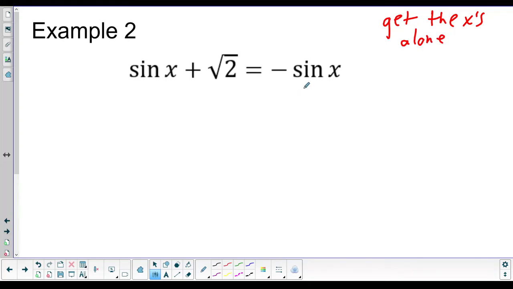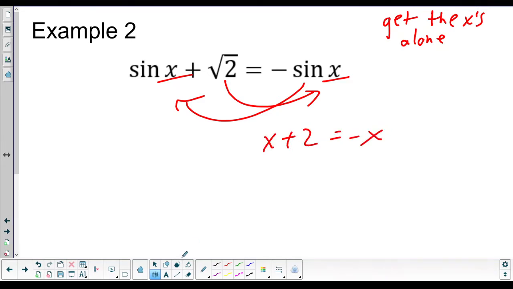So what we're going to do is we're going to move this over there so that our x's are on the same side. And then we'll move this radical 2 over there to move the numbers away. Just like if you had x plus 2 equals negative x, right? You'd want to move the x's together and move the 2 away to be able to solve it.